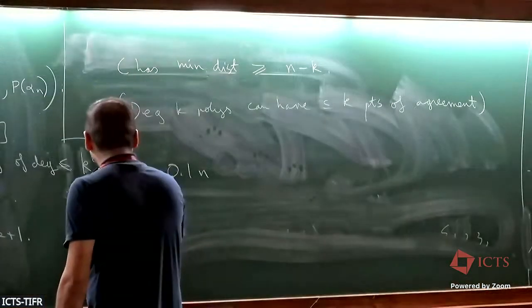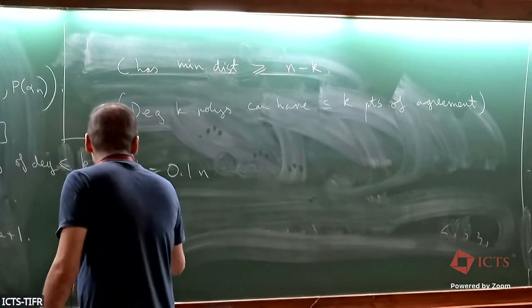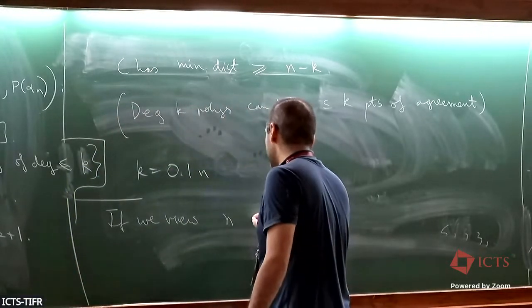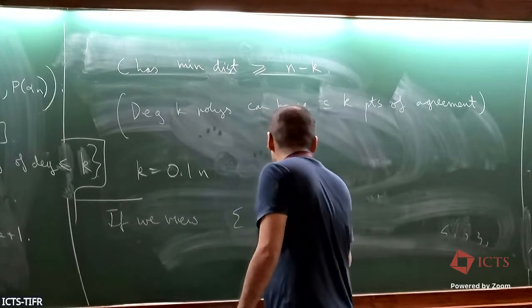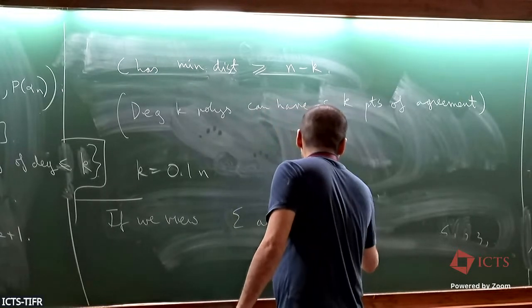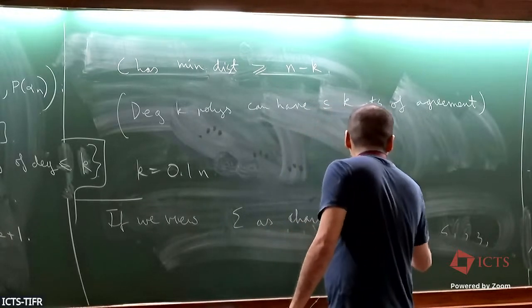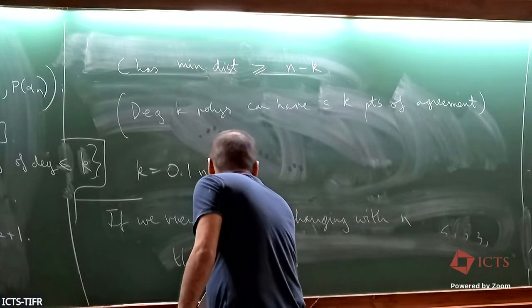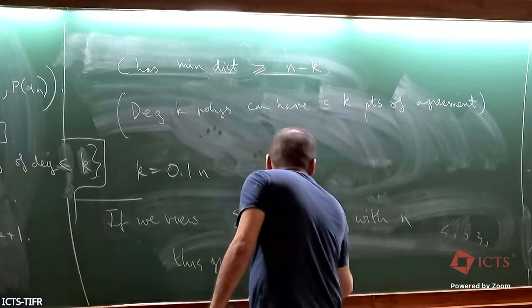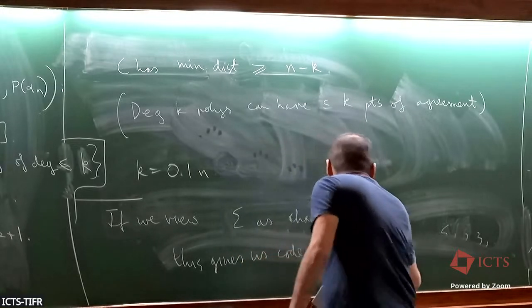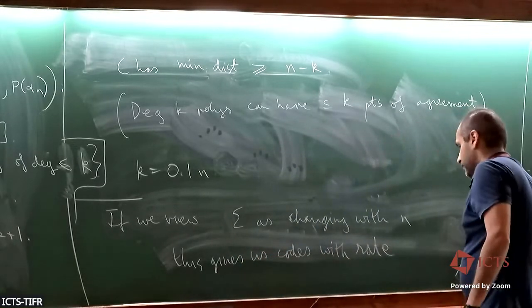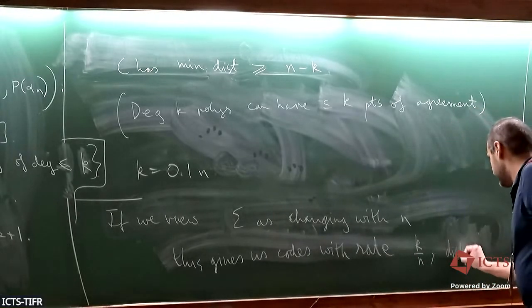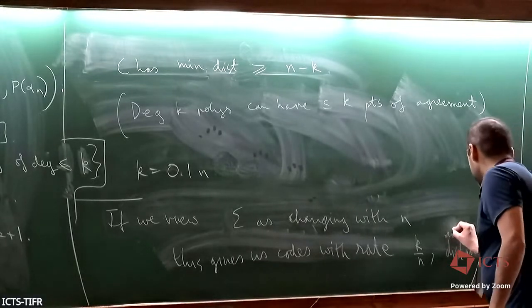So if we view n and sigma as changing with n, this gives us codes with rate k over n and minimum distance.